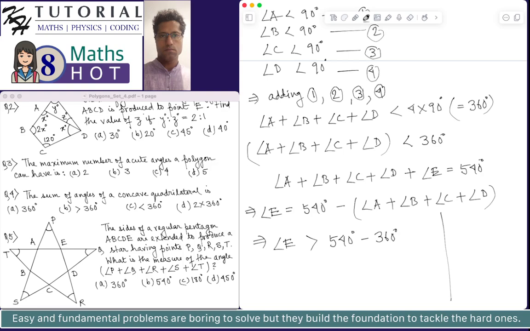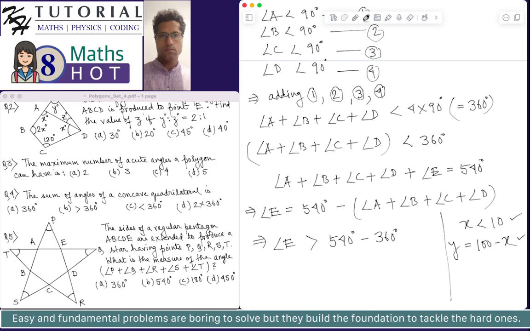Let's say x and y are two unknown numbers, and we have these two results.